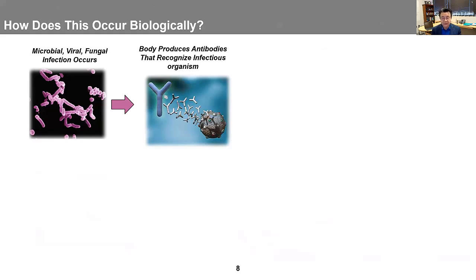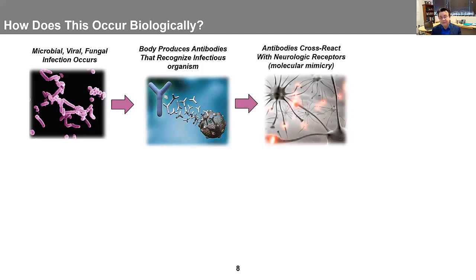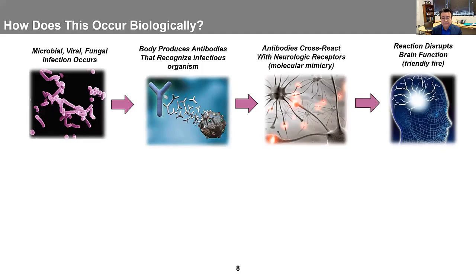With vaccinations, we want to prepare the body to make these antibodies ahead of time, prior to exposure to very debilitating infections. What goes wrong is a process called molecular mimicry, in which antibodies can cross-react with neurologic receptors. The antibodies that are made are actually made against a part of an organism that looks exactly like a part of our body. We'll talk about this a little bit more.